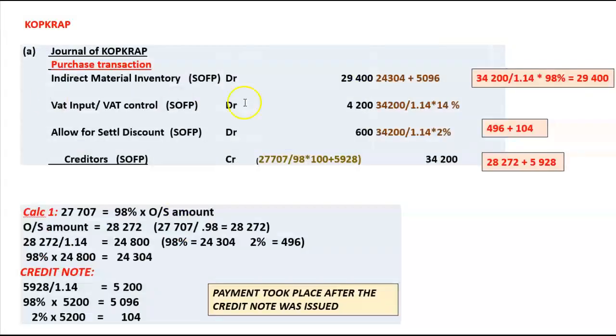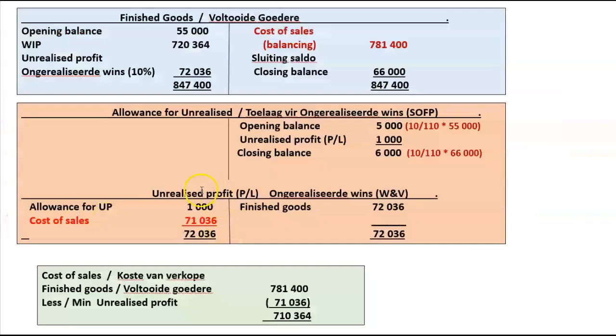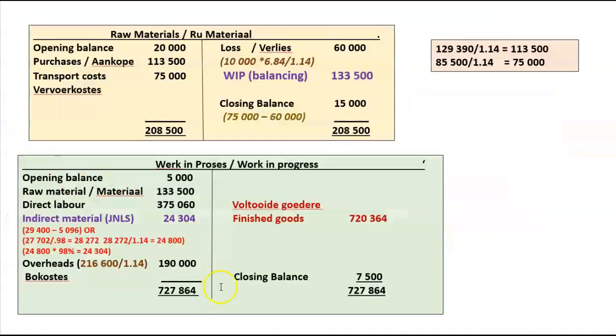Now that can either be the 29,400 less the 5,096, and that gives us then a total of 24,304. Or if you didn't manage to get the journal entry right, you could have argued this whole thing out.